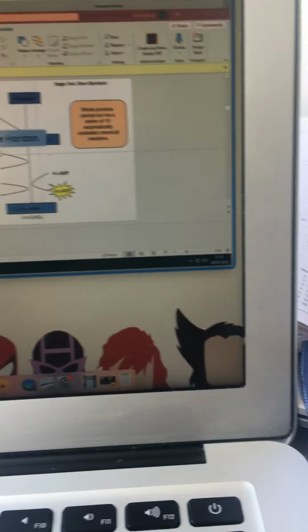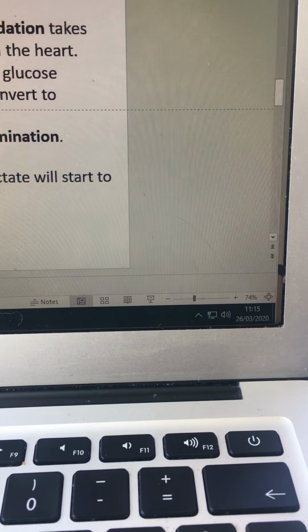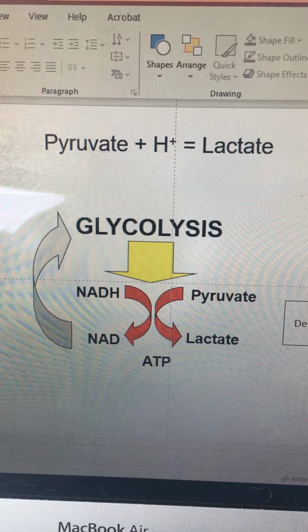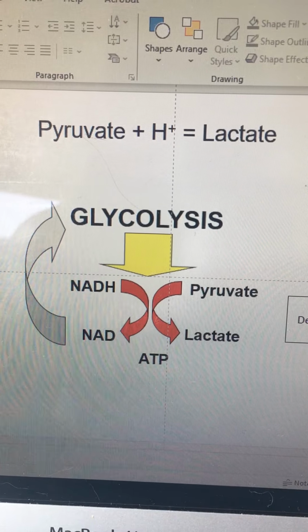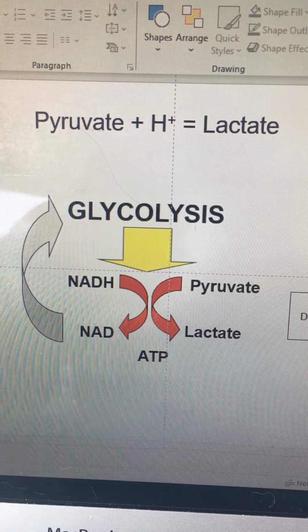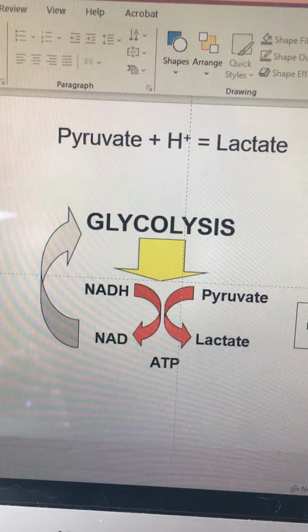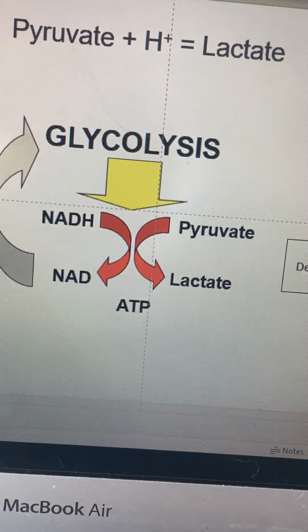So key to that is our production of lactate. Pyruvate plus hydrogen equals lactate. So NADH will give its hydrogen directly to pyruvate. That becomes lactate, and NAD can go back and pick up more hydrogen, allowing energy production to carry on. This is catalyzed by an enzyme called lactate dehydrogenase.